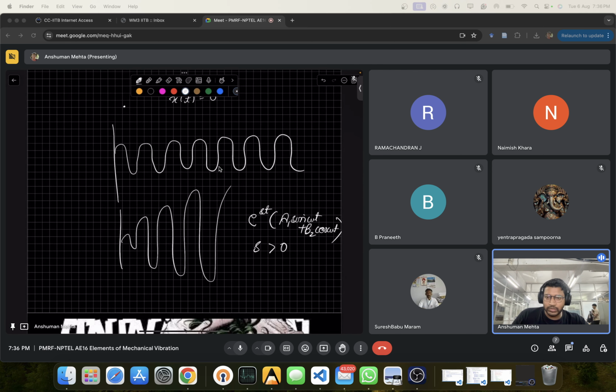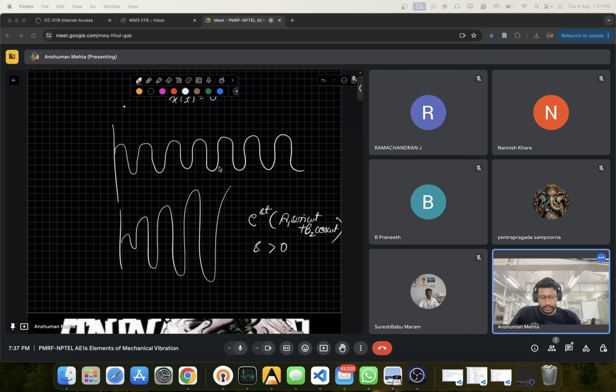So, the first case is when it is purely vibrational, with no increasing or decreasing of the amplitude. Another is when the amplitude increases. In that case, the form is e power st, where s is positive, so exponentially everything is increasing.